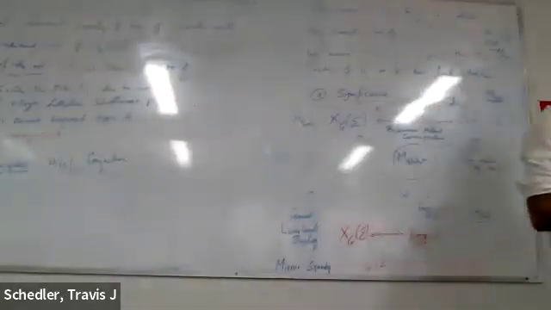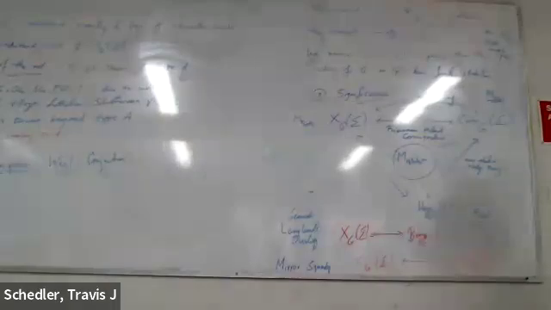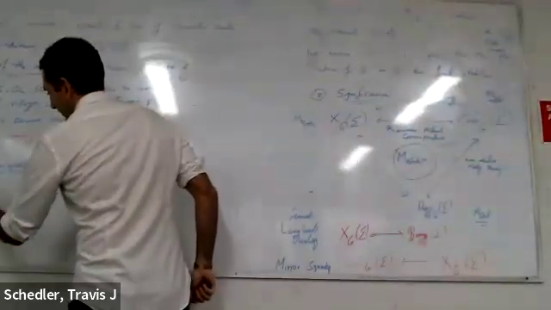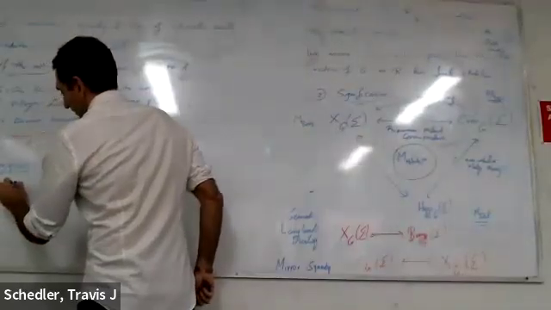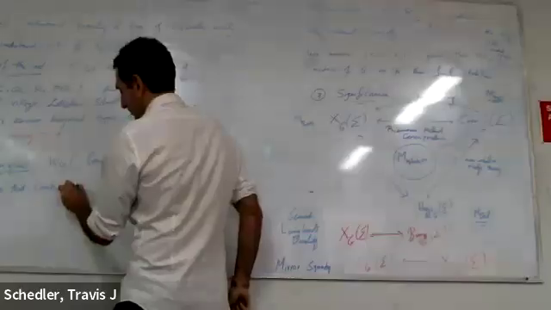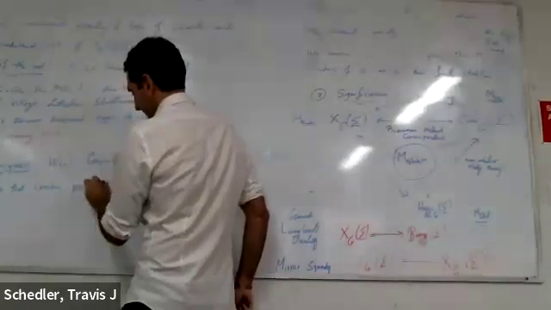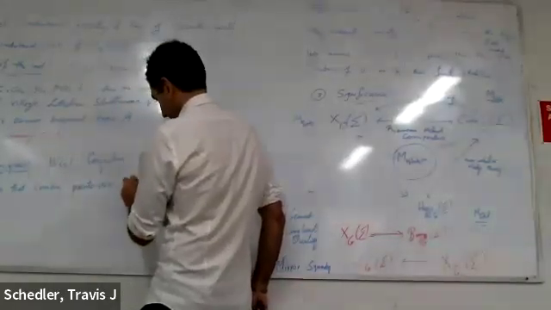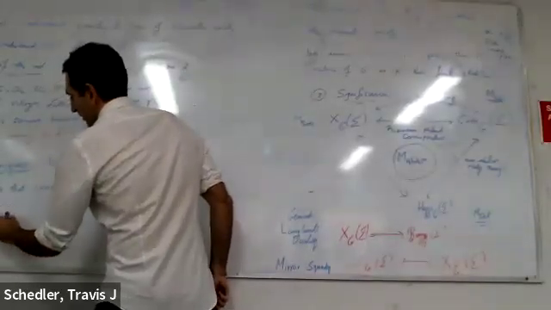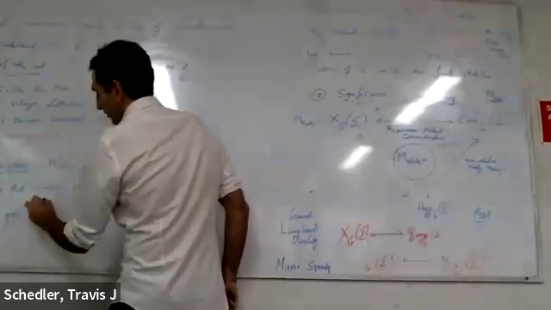In a sentence, what the Weil conjectures allow you is that counting points over finite fields gives information about cohomology.